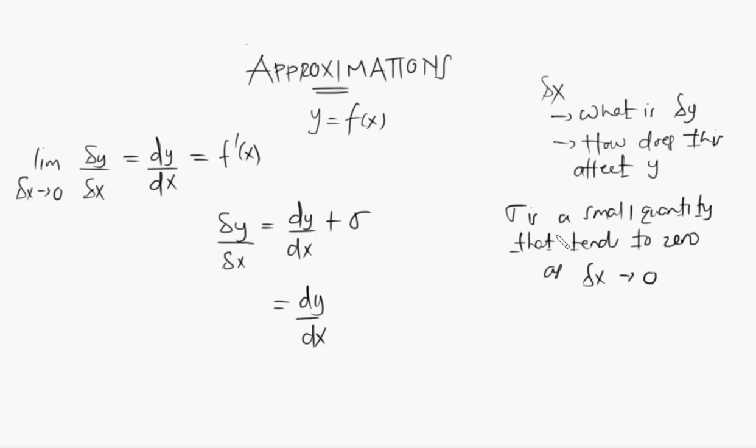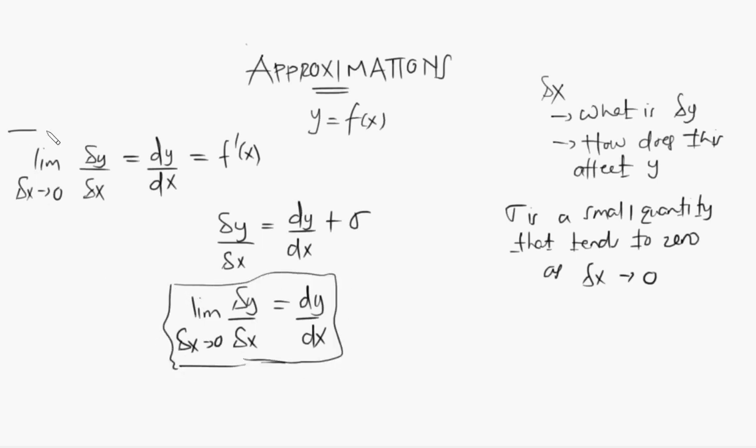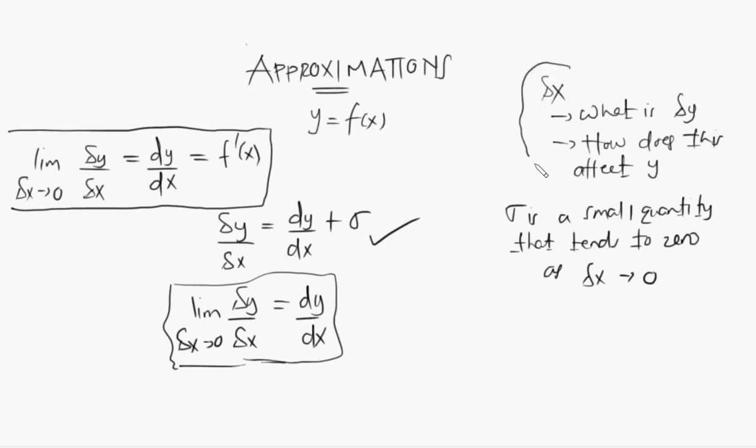Lakini nimesema kwamba sigma ikiapproach 0 na delta x inaapproach 0. Manake upande wa huku sasa, kwa sababu delta x imeapproach 0, bila shaka hii ni limiting value ile ya delta y over delta x as delta x approaches 0, you see? Now this one is just this one. So this equation here I formulated, this one is true, and this is the equation that we are going to focus on to help us understand this.